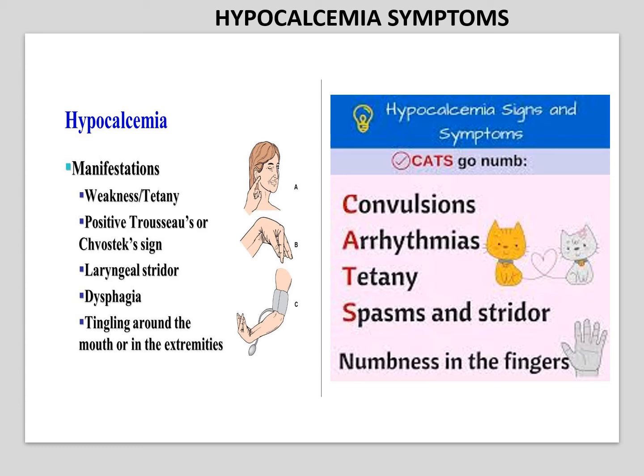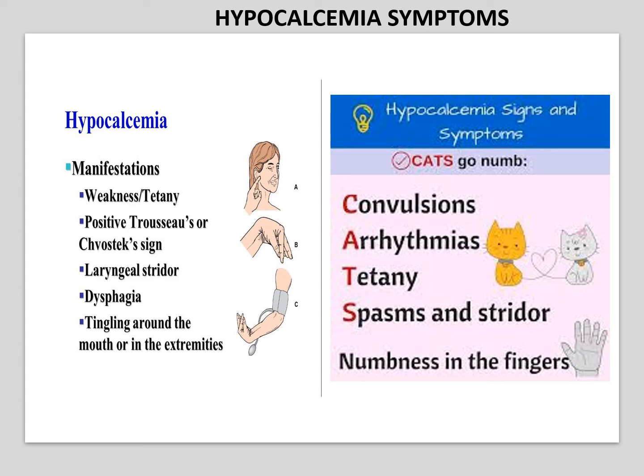Arrhythmias, so cardiac conduction needs proper calcium levels. So it can lead to cardiac arrhythmias, so abnormal heartbeats and conduction in the heart. Tetany, that's the muscles, right? So severe muscle spasms from hypocalcemia that we call tetany.